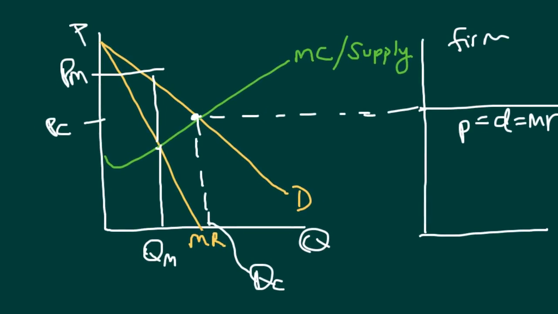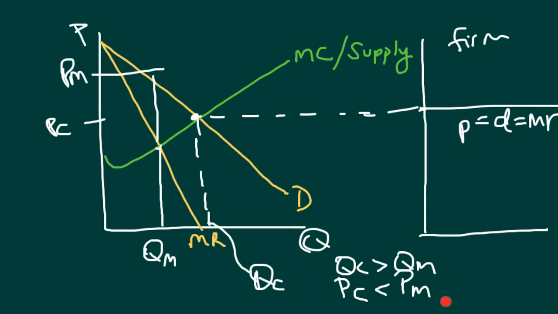So we have a quantity QC, which is much greater than QM. So the quantity a perfectly competitive industry would supply is much higher than a monopolistic industry. And then we can do the same thing with the price. We can see that the price a competitive industry would charge is much less than what a monopolist would charge.